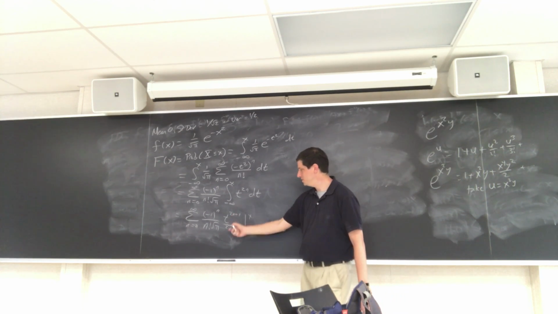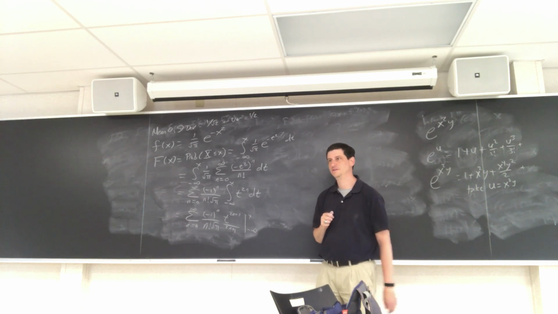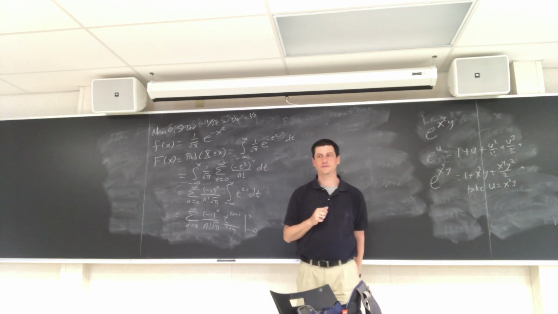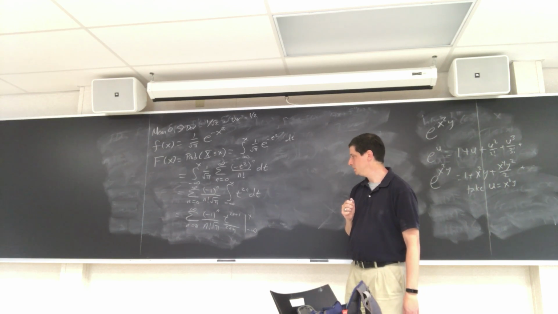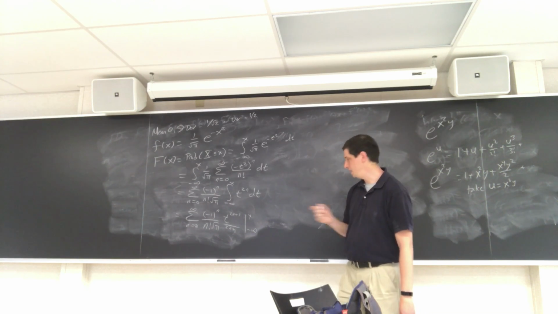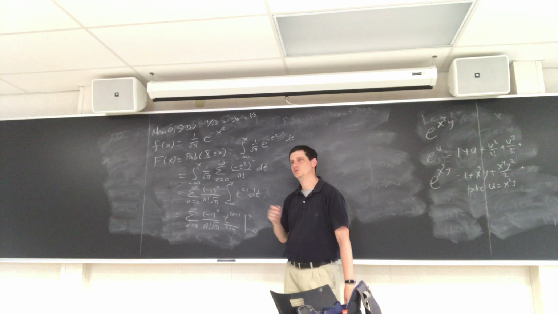At negative infinity, you get 0. Why do I get 0 at negative infinity? I have negative infinity to the 2n plus 1 power.